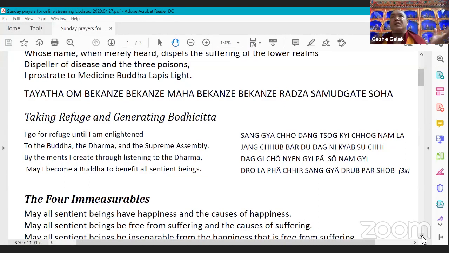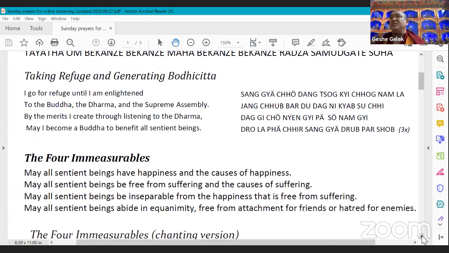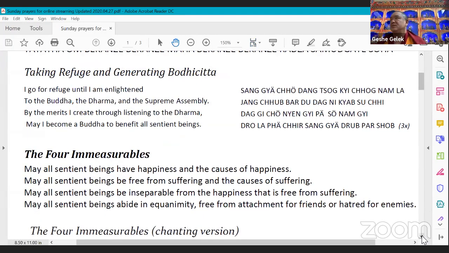You try to open your heart. When you open your heart, then you receive more. If you close your heart, you receive less. Like a hand: if you close it, you can hold nothing; if you open it, you can do many things. Same thing.